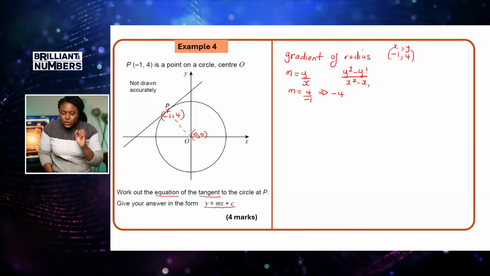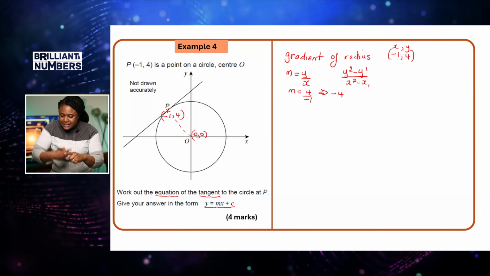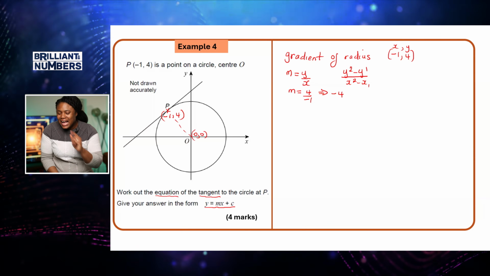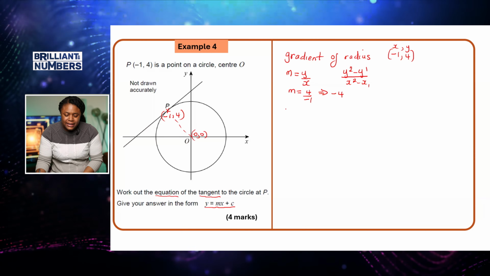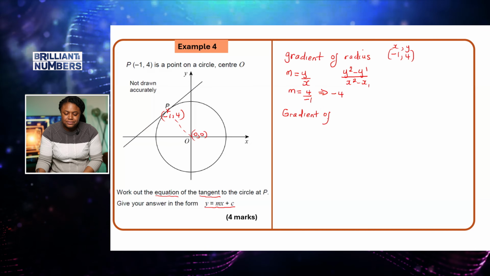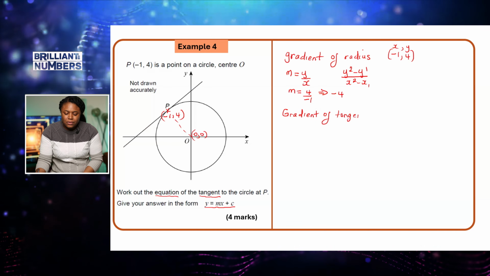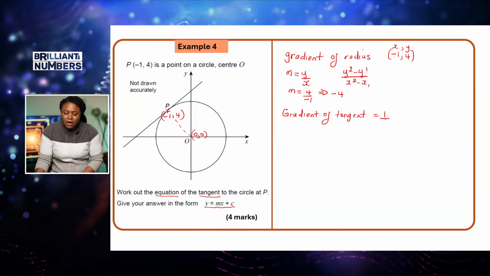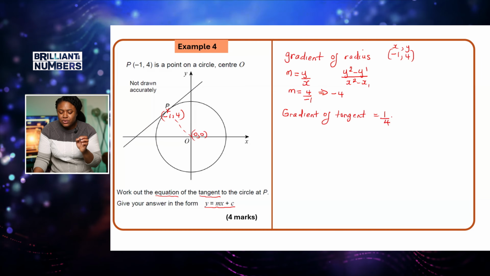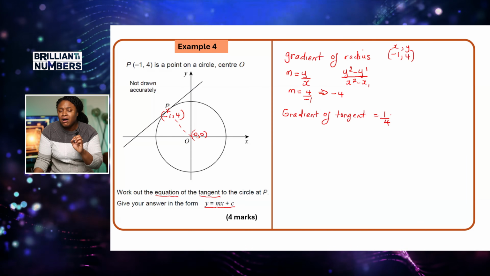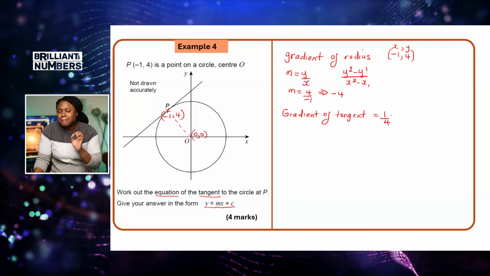Now I need to use my knowledge of the perpendicular concept to find the gradient of the tangent. So let's go. Gradient of tangent would therefore be equal to positive 1/4. And to make sure I know this, if I multiply -4 by positive 1/4, the product will be -1.